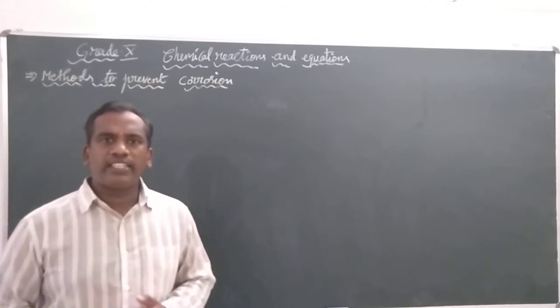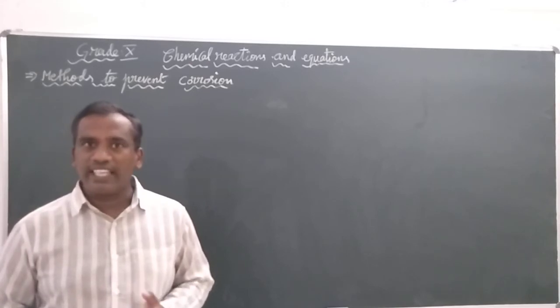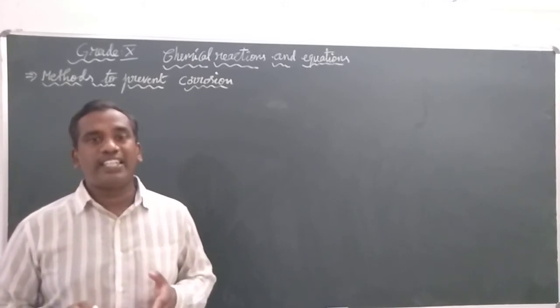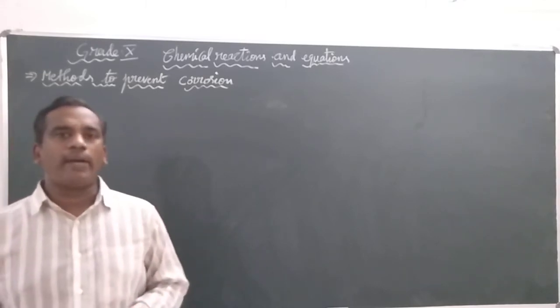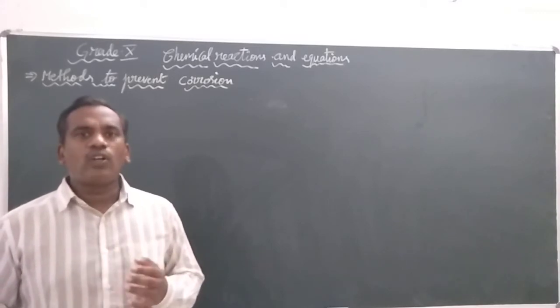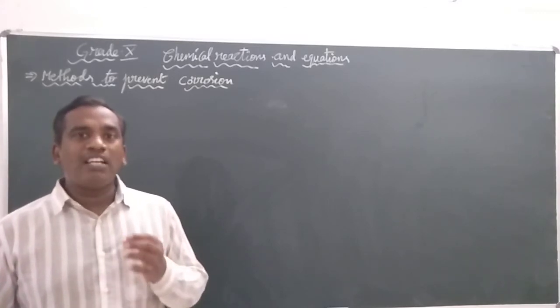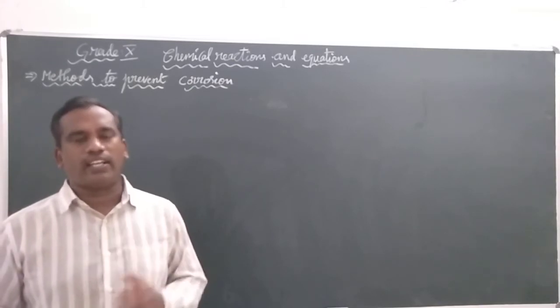Whenever you purchase any car or bike, generally you are attracted by its color. Let us recall the vehicle made of iron. Why is it applied with color?